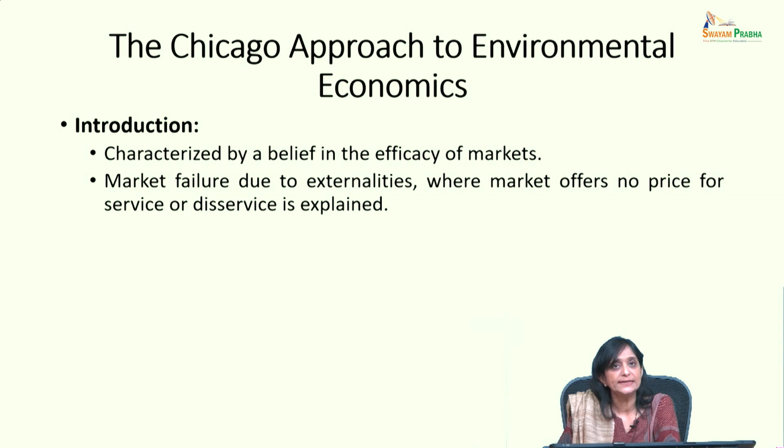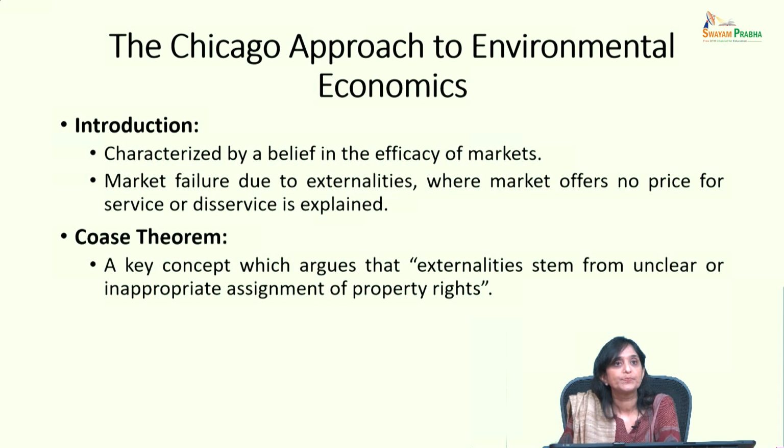What are externalities? Where one party's action is having an impact on a third party. Now, this action can be positive or it can be negative. But market is not offering any price for this service or disservice.